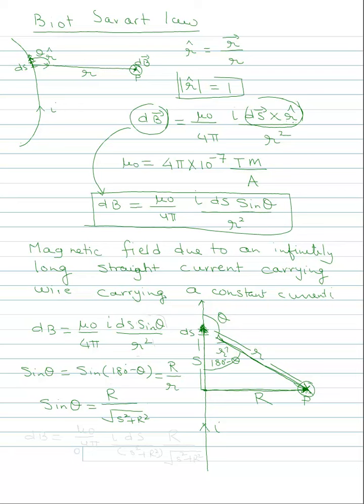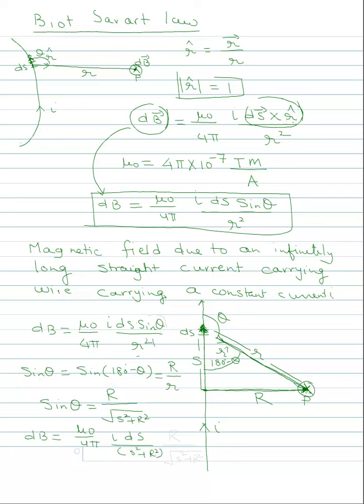Okay, great. So if that's the case, then we can write dB as mu 0 over 4 pi I ds divided by r square, and r square itself will be s square plus r square. This is what I'm writing.